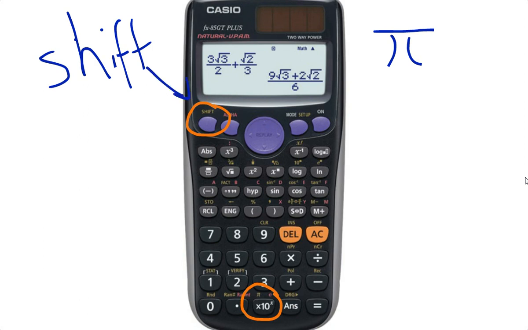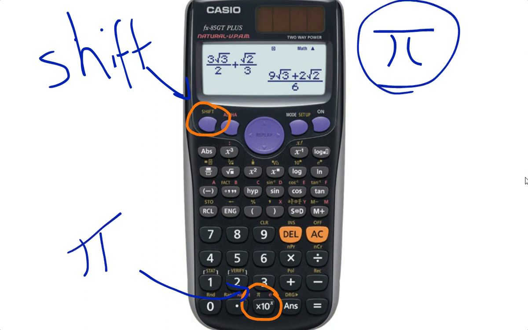You must press that first before pressing this button down here. As you can see, there's a little pi symbol there. Now that will bring up a pi on the calculator, which if you press equals will give you 3.141, and it'll go on. But that's the pi button.